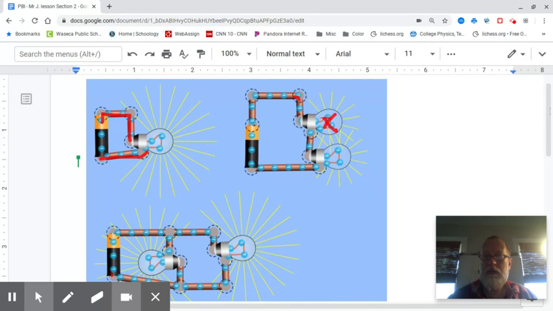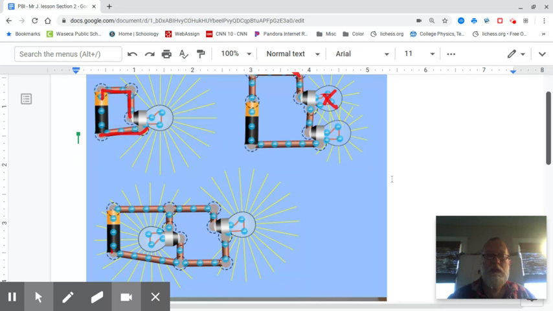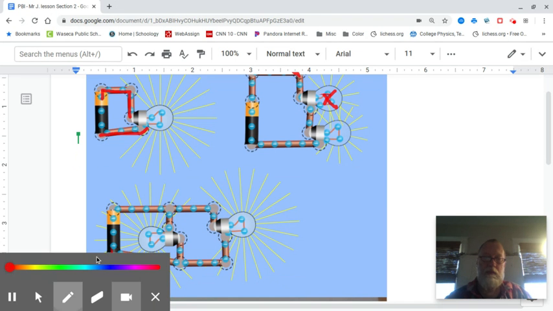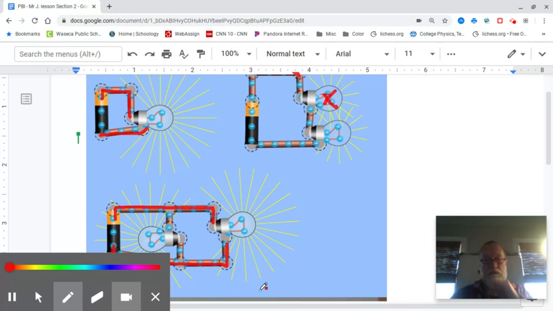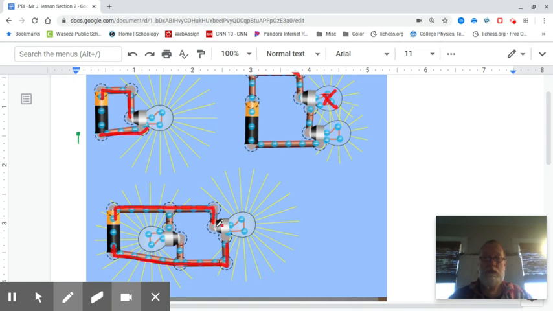When we look at the parallel circuit, this bulb here has a direct connection back to the battery. Now that direct connection means it's either physically touching the battery, or there's a wire going from the light bulb to the battery. Whether there's a wire there or not, it's considered a direct connection because it does not have to go through another light bulb to get to the battery.